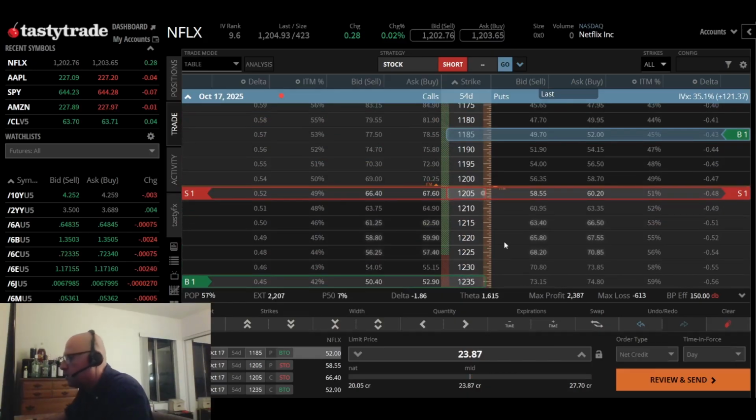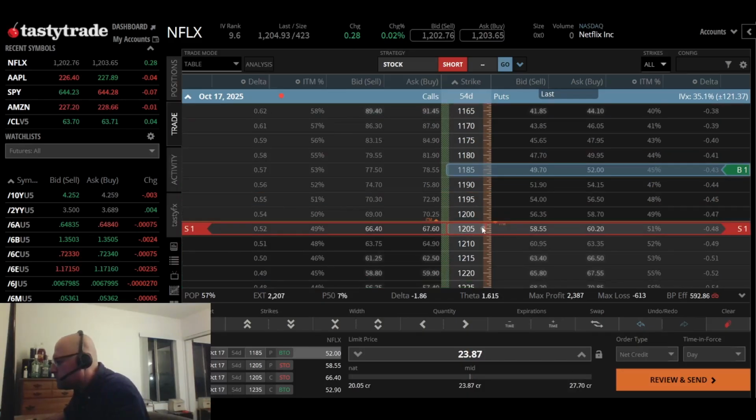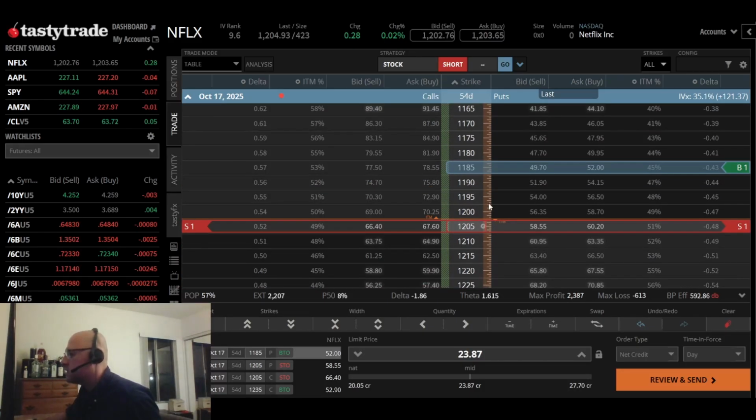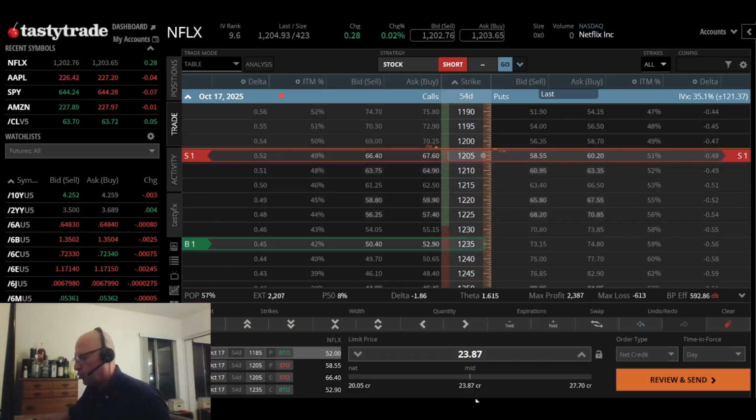That should be here. Is that right? Oh, let me see if I could do the math. Yes, that's correct. So this is a $30 wide spread, and we're collecting almost $23 here.